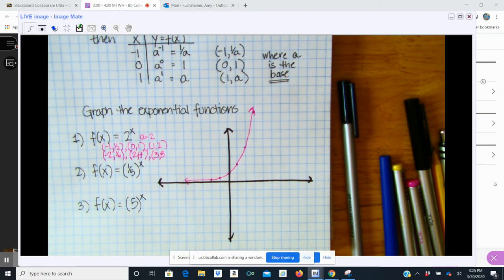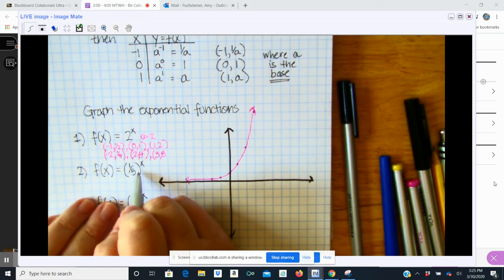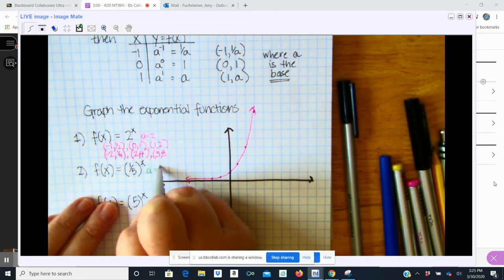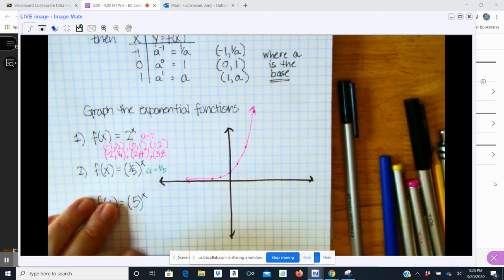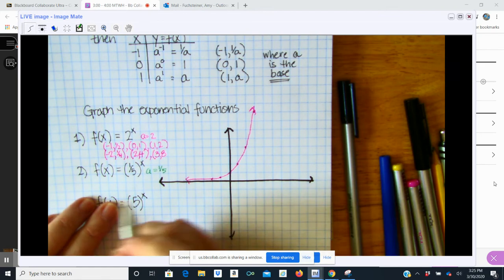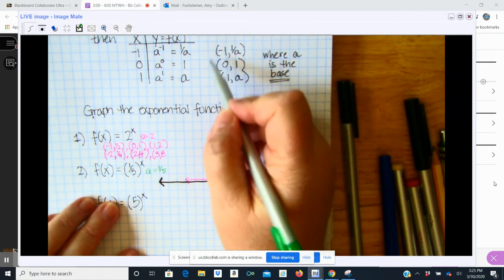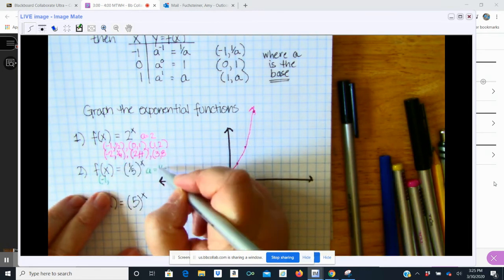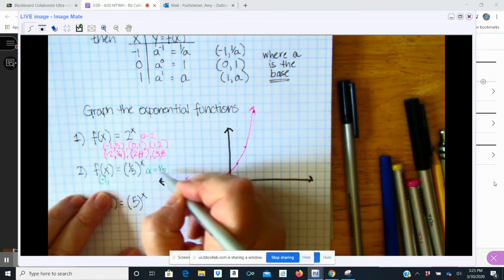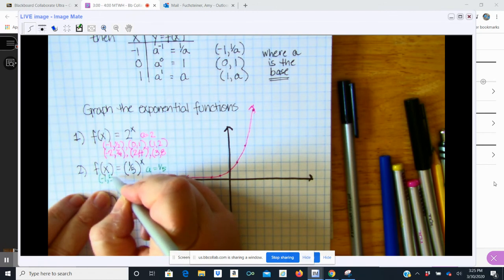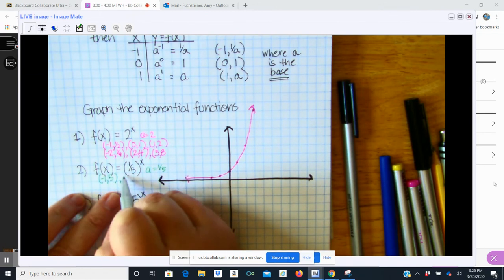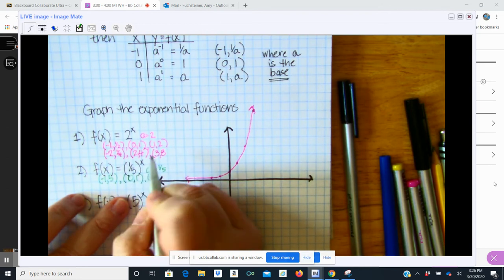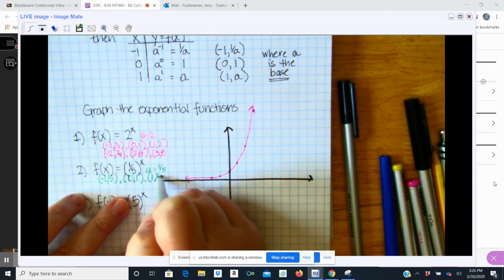what if you had f of x is 1/5 to the x power? In this case, my a value is 1/5. Using this idea as before, if I let my x be a -1, that would be 1/5 to the negative first power, which is the reciprocal, or a -1/5. My second point would occur at 0, 1, and my third point at 1, 1/5.